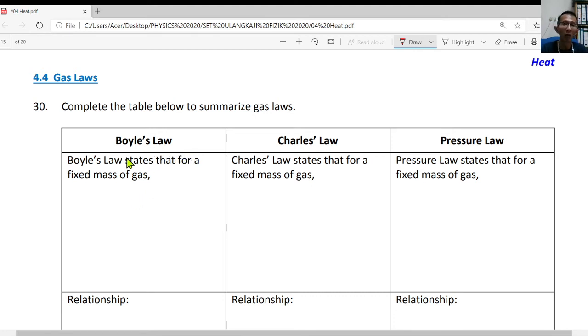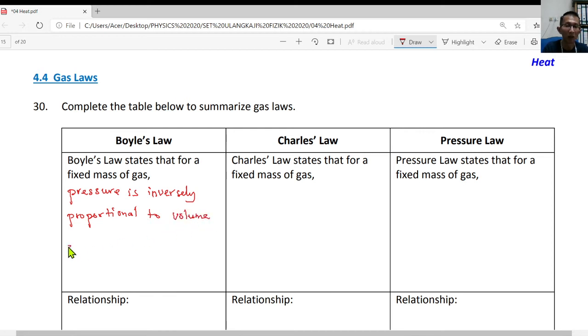Boyle's law. What does Boyle's law say? Boyle's law states that for a fixed mass of gas, pressure is inversely proportional to volume.